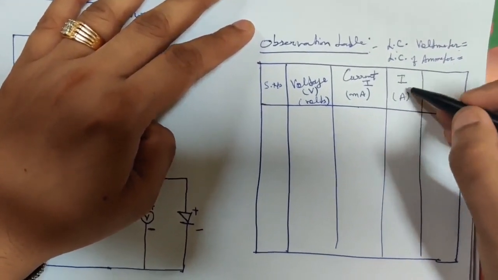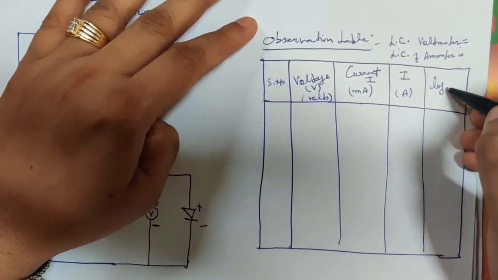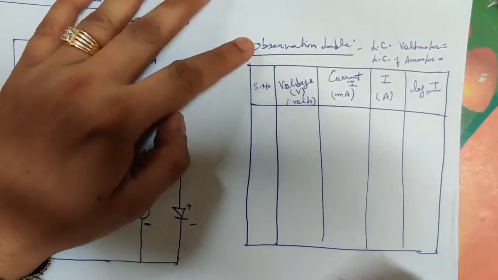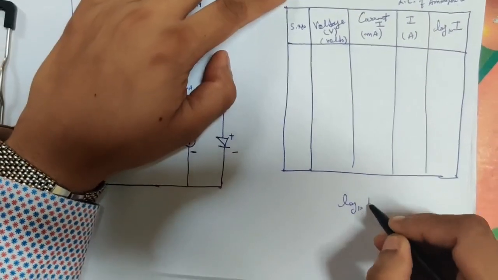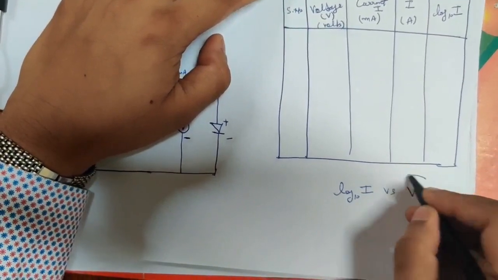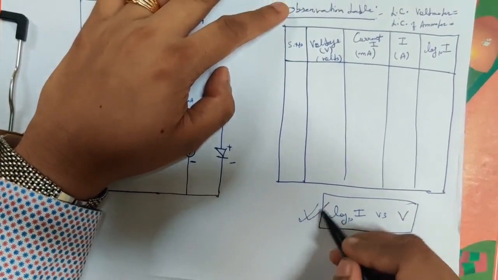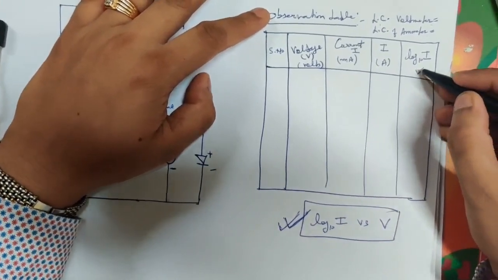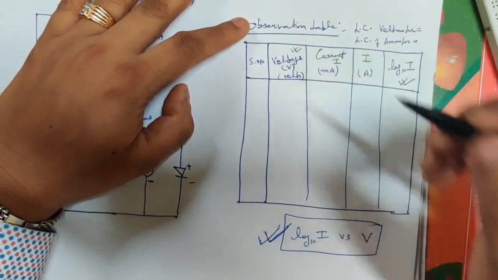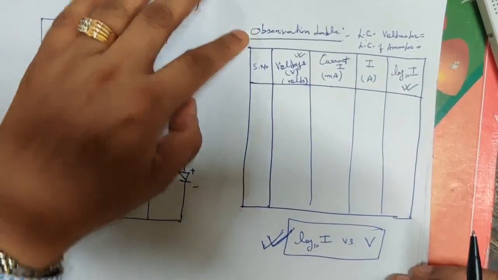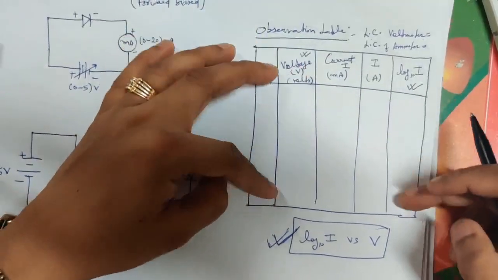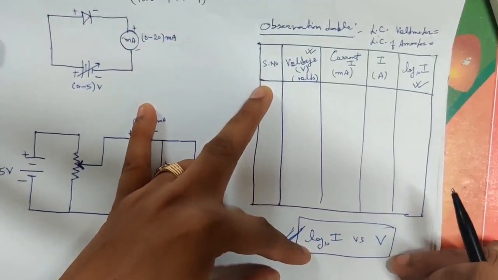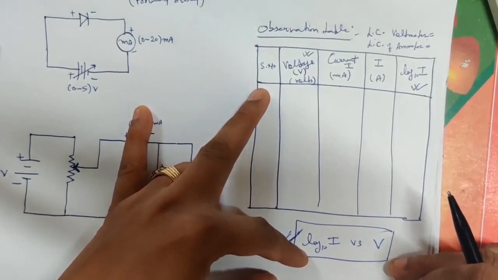And finally, this I has to be plotted versus voltage. I want these two values, one this and another this. By taking these two values, I can easily plot this graph, right? So it will give me the slope, and by that I can easily calculate the value of K.